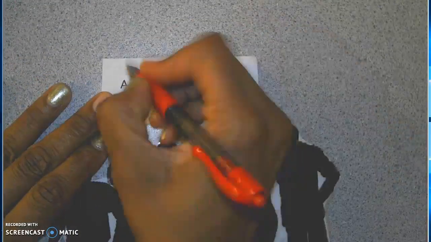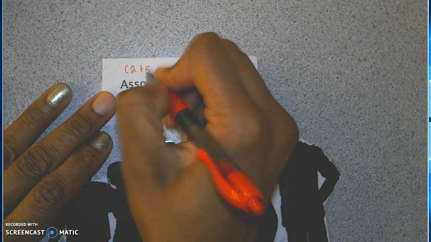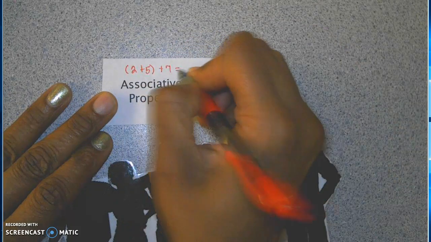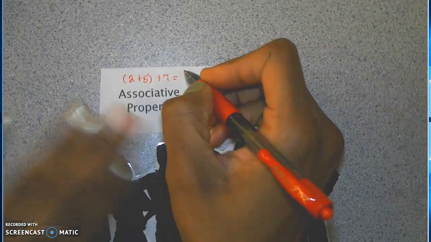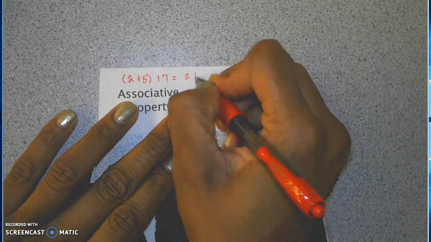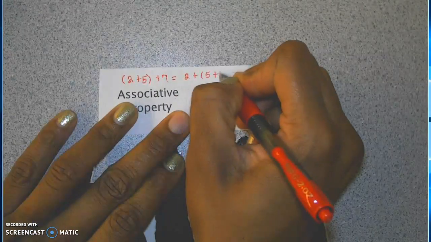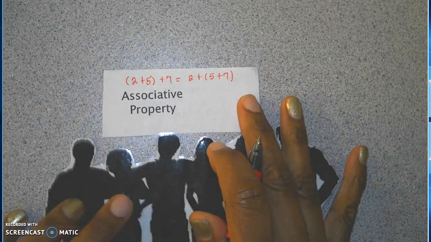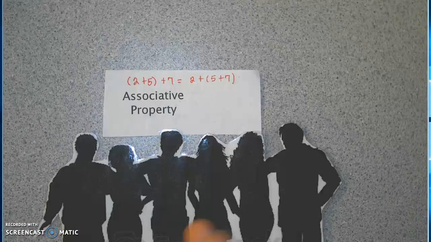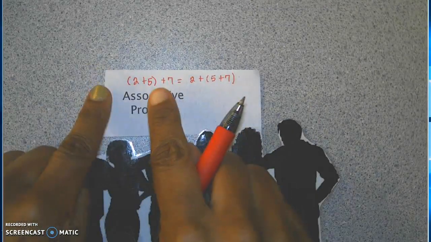So my problem could go from 2 plus 5 plus 7 to now being 2 plus 5 plus 7 with a different grouping. My parentheses shifted from the left to the right.